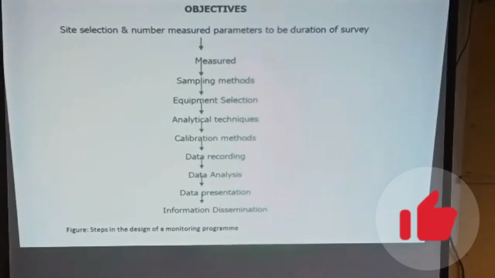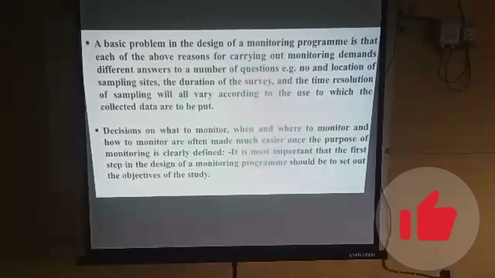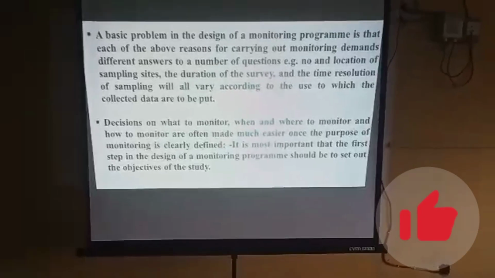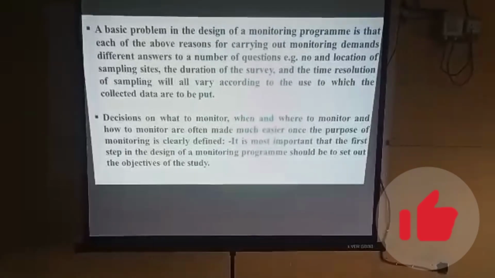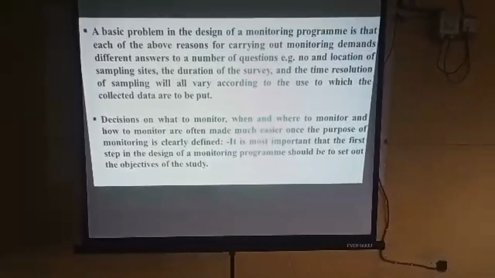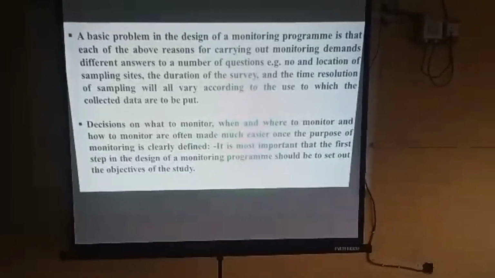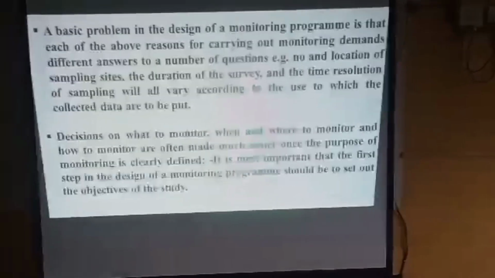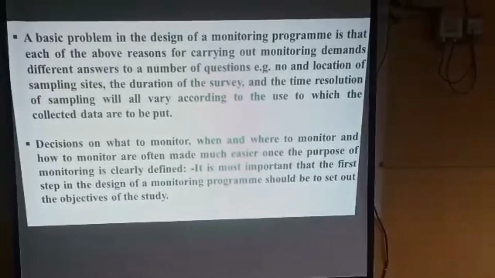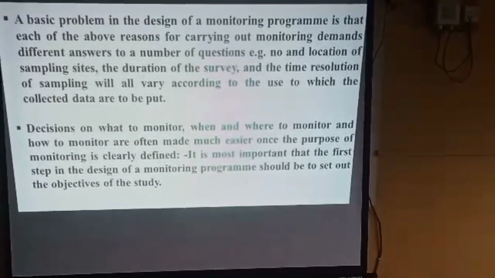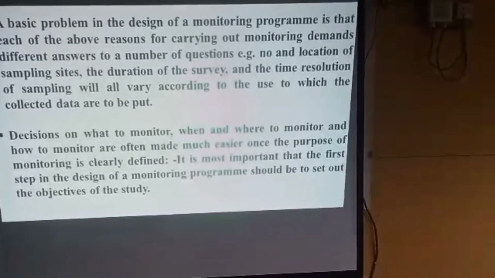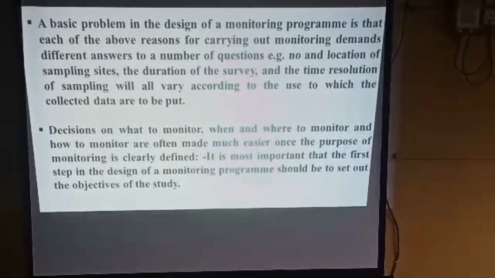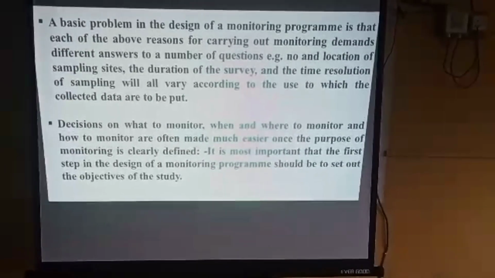So these are the steps in the design of a monitoring program. Each of the above reasons for carrying out monitoring demands different answers to a number of questions. For example, number and location of sampling site, duration of the study, and time resolution of sampling will vary according to the use to which the collected data are to be put. Decisions on what to monitor, when and where to monitor, and how to monitor are often made much easier once the purpose of monitoring is clearly stated.